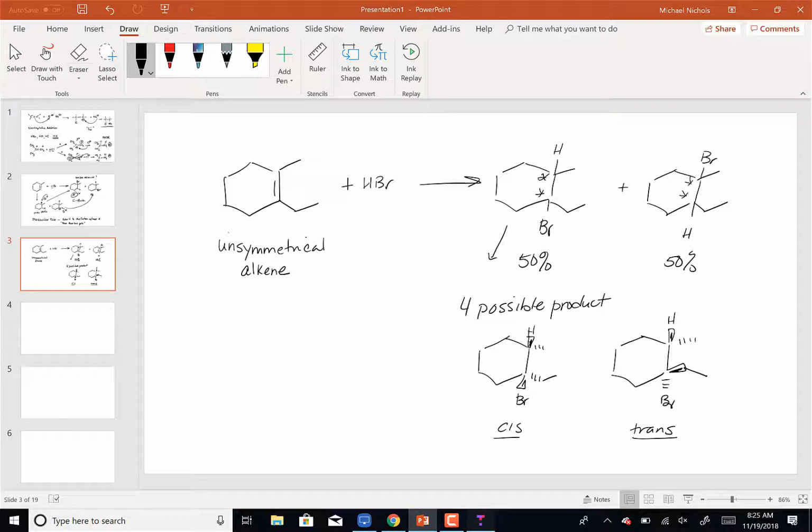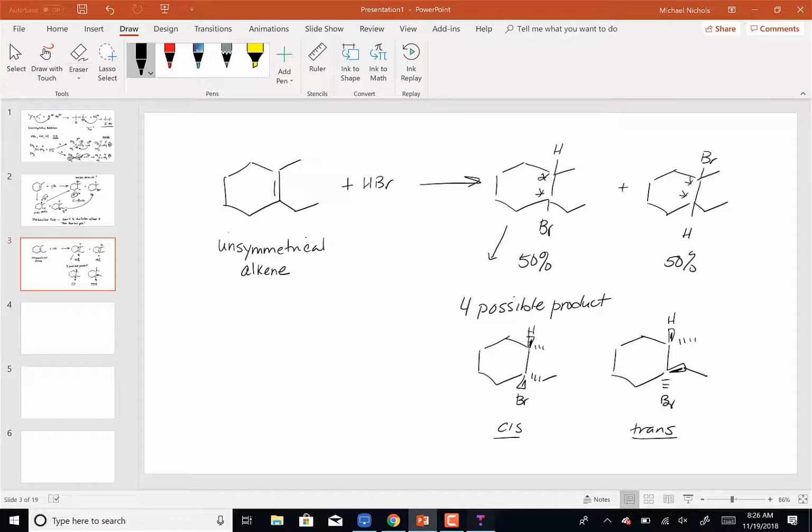Okay. Does that make sense to everybody? So that third part of adding 100% cis, 100% trans, or 50-50 is never going to make an optically active product, because both of these enantiomers are going to be there for each of the products.